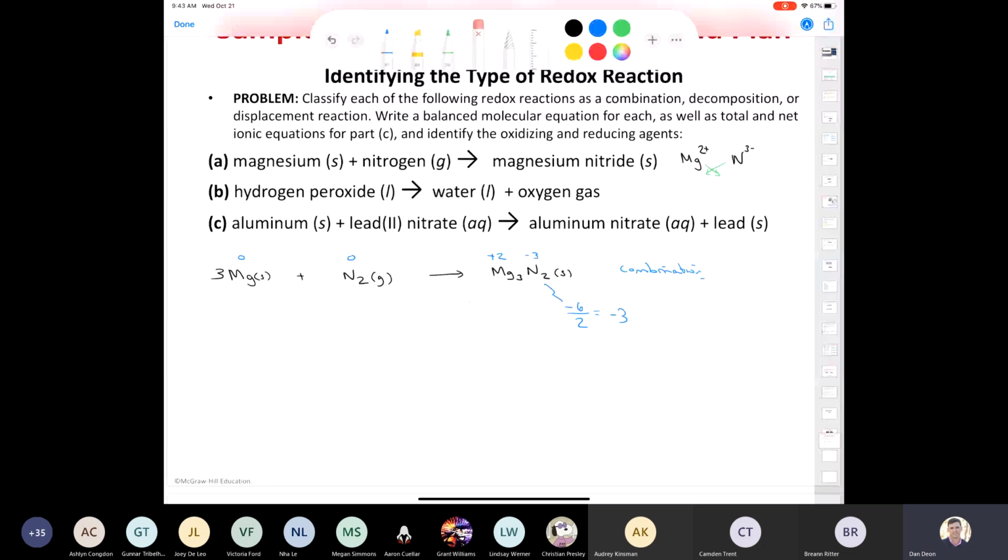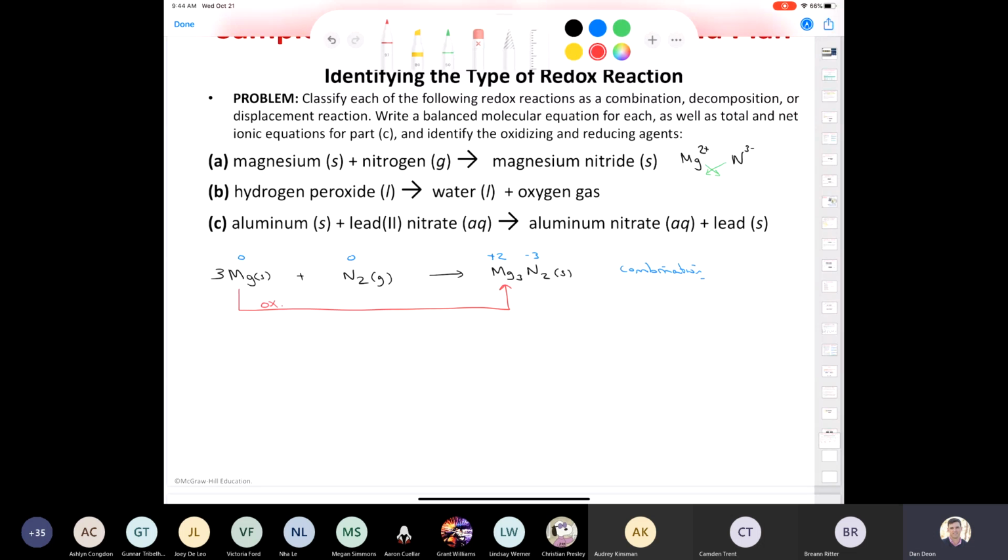All right, so now we have the oxidation numbers identified for all the elements in their free state and the elements in the ionic compound. So let's determine who's being oxidized and who's being reduced. You can see that the magnesium goes from 0 to +2, and so it is being oxidized.